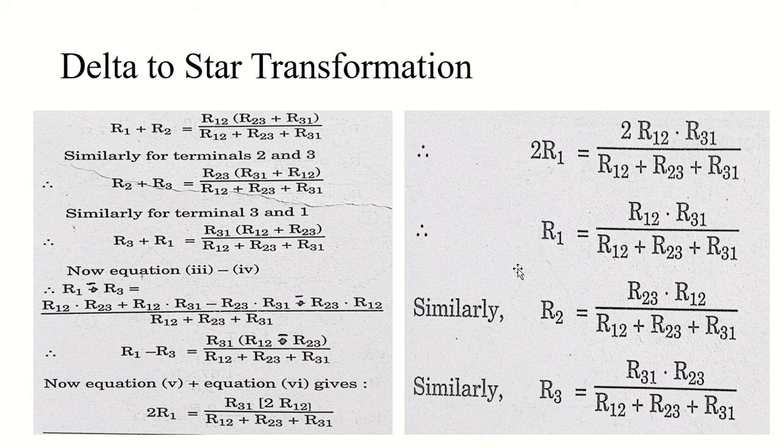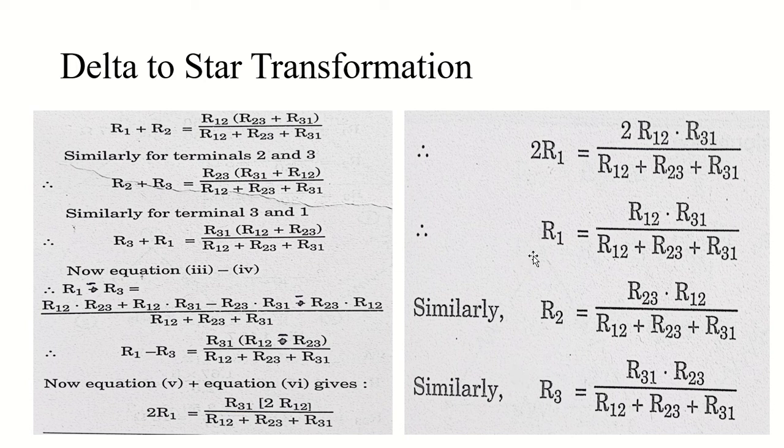If I want to find the value of R1, R1 is always in the star. Remember, whenever you have R1, R2, R3, they are in star, and whenever you have R12, R23, R31, they are in delta. So when you are converting delta to star and you have R1, it will be of star side. These values we have derived, we have come up with values of R1, R2 and R3.